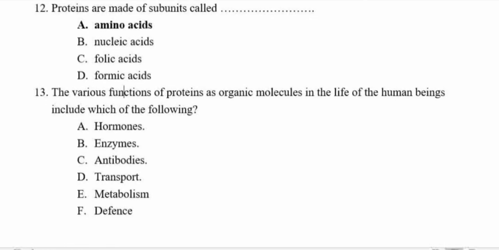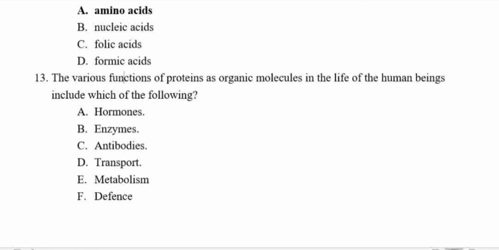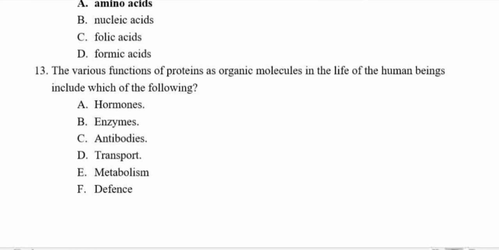Now, question number 13. It says the various functions of proteins as organic molecules in the life of human beings include which of the following? All right. The various functions. So what are the functions of proteins? If you had to summarize the functions of protein using just one word, then we'll say that proteins, what are they? Okay, the first option is saying they are hormones. The second says enzymes. The second says antibodies.